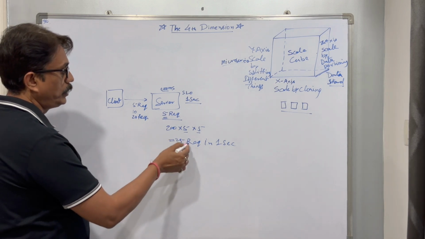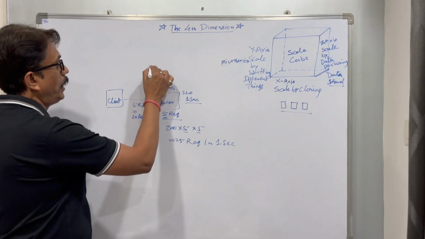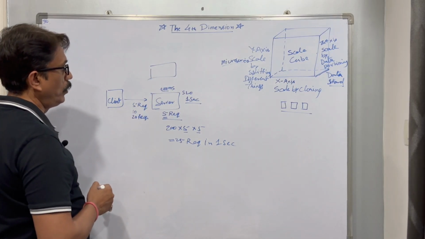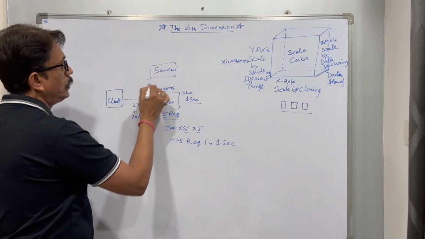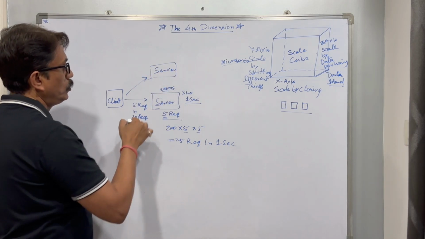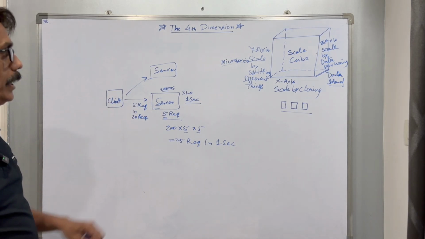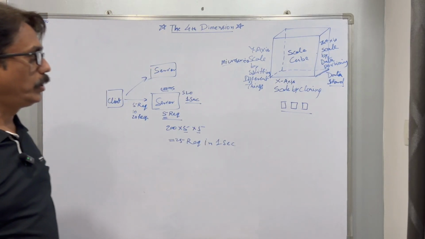Now if we want to process 20 or 25 requests at a time, we have to add more servers, so that we can process more requests at the same time. And here we are following scale by cloning or horizontal scaling.